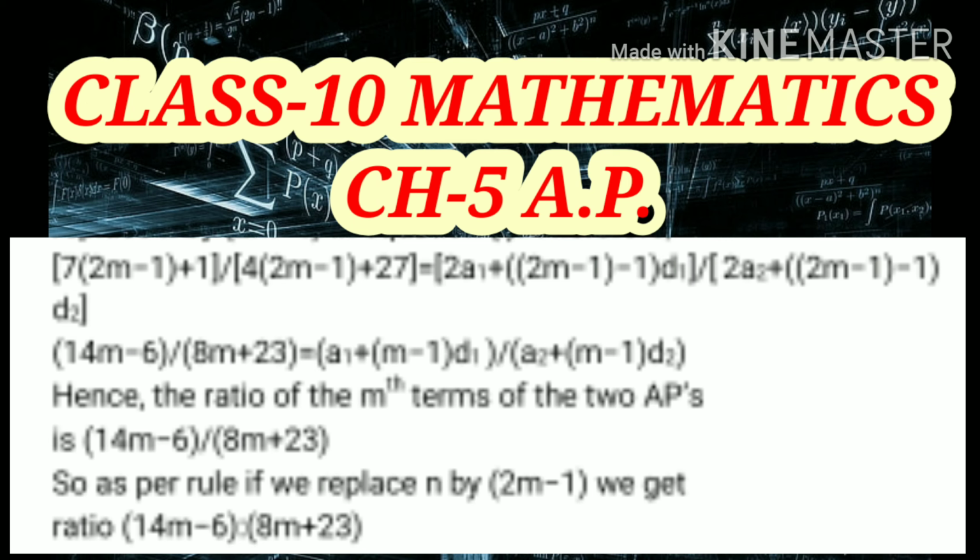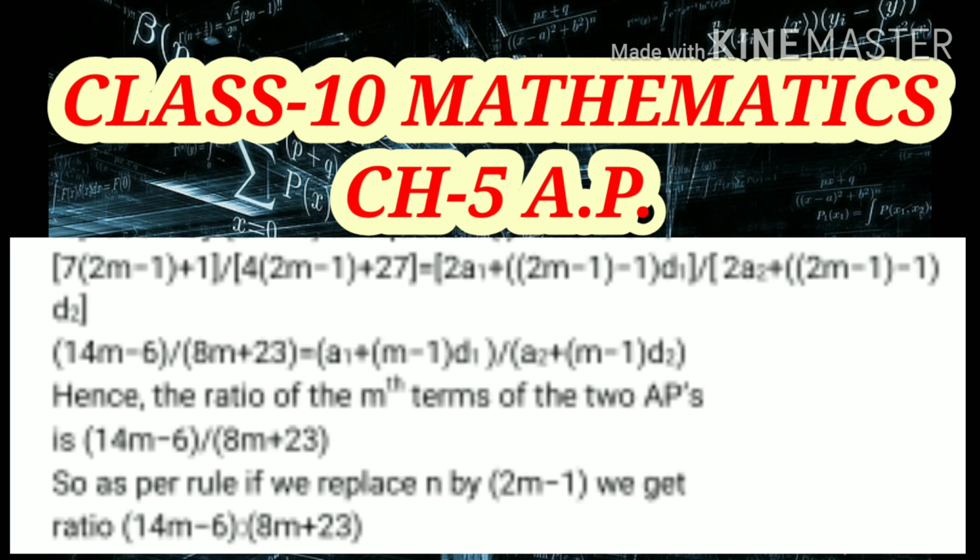Now children, when you solve the left side, the numerator 7 into 2m minus 1 plus 1 becomes 14m minus 6 and the denominator 4 into 2m minus 1 plus 27 becomes 8m plus 23. In the same way, when you solve the right side of the equation, it becomes a1 plus m minus 1 d1 upon a2 plus m minus 1 d2.